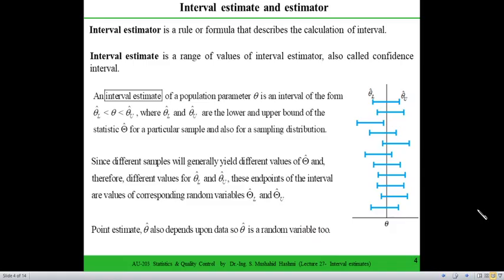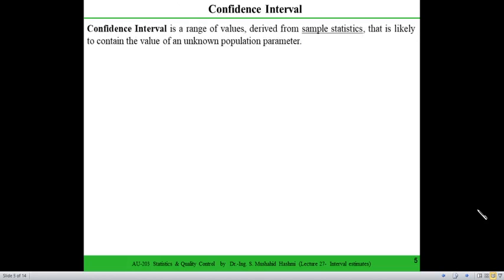Okay, so a confidence interval is actually the range of values derived from your sample, as we call it in statistics, that is likely to contain the value of an unknown population parameter, which is what we have seen in the previous example, the mean value.